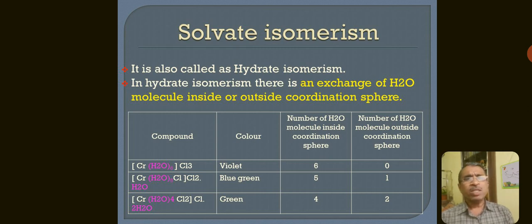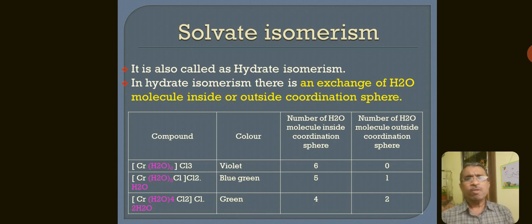In the third case, the 2 water molecules are outside the coordination sphere, so those 2 water molecules can be easily removed. The water molecules which are outside the coordination sphere come out from the compounds at a temperature of 102 to 105 degrees centigrade.